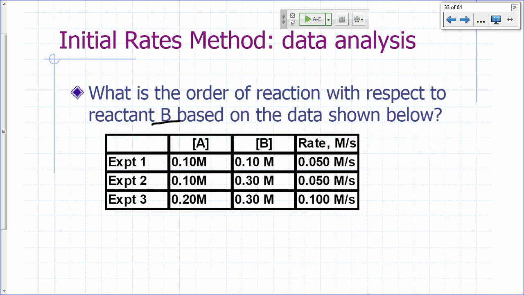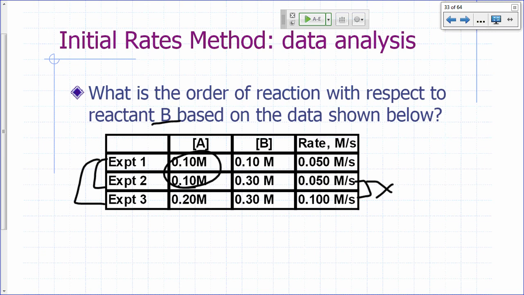So which one should I compare? 1 and 2 or 1 and 3? Or is it 2 and 3? Obviously not 2 and 3, right? 1 and 2? Why 1 and 2? Because you want to maintain the concentration of A in both cases, right?